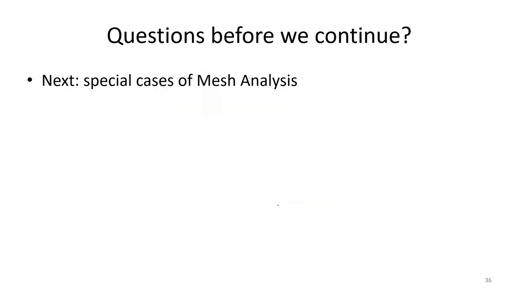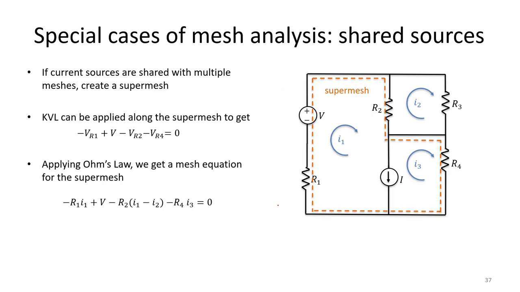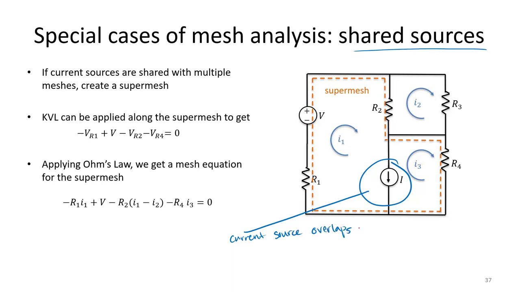Finally, let's go ahead and talk about a few special cases of mesh analysis. Our first special case of mesh analysis comes up when we have a shared current source. What that means is if we have a current source which overlaps two meshes, or is shared by those two meshes.